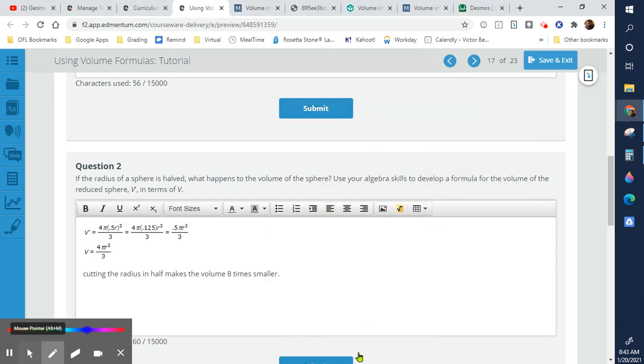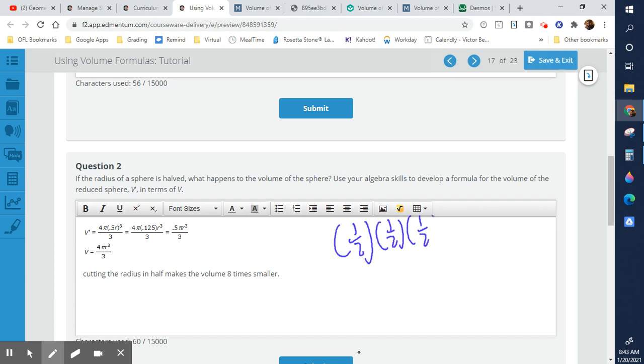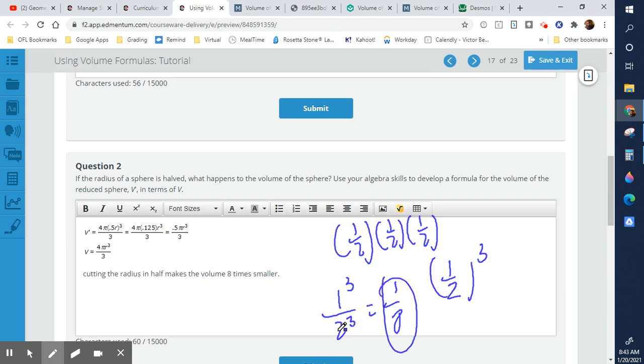Think of it logically. Another way of thinking about it, instead of doing it with decimals, because decimals do make it a little more complicated, 1/2 times 1/2 times 1/2, or since we already know how to use exponents, 1 cubed over 2 cubed, this is equal to 1/8. So I should have done that instead of using the decimals.